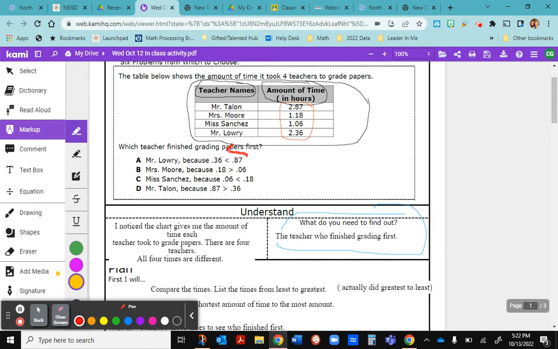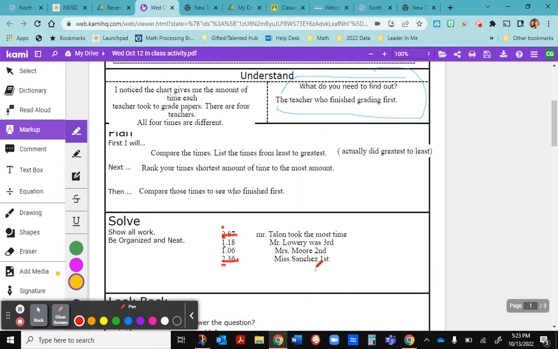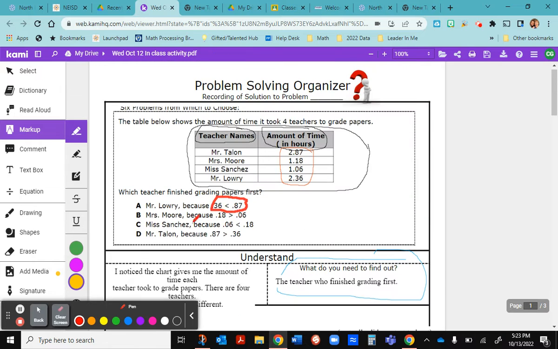Is this part a true statement? Yeah, that part's true. But did Mr. Lowry finish first? He finished with Mr. Talon, but was he the first teacher to finish? No, he wasn't. We said it was Miss Sanchez who was the first teacher to finish.